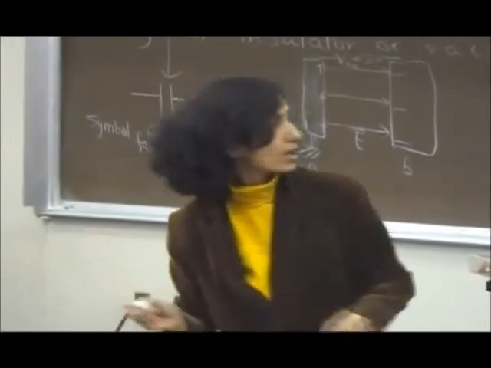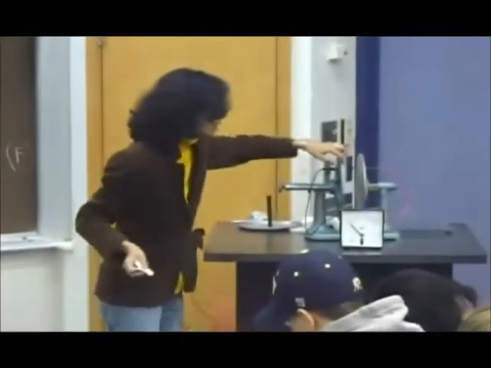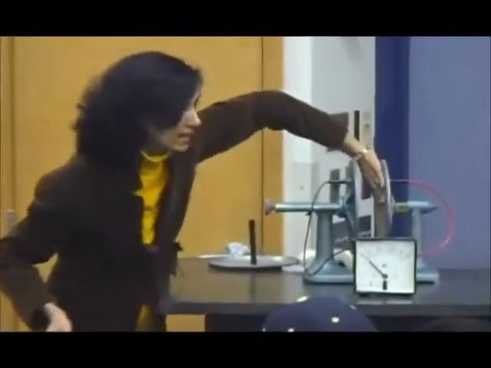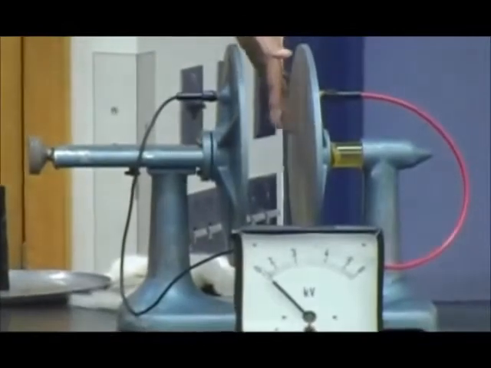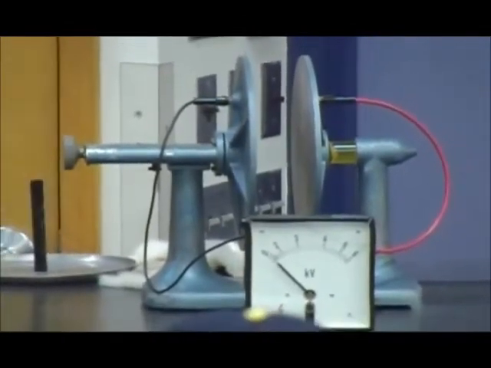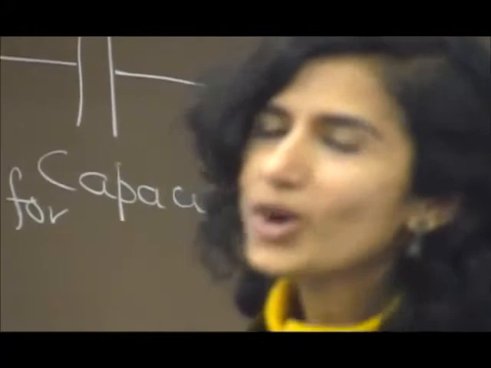It depends upon, for example, what is the distance between the plates, how much is this cross-sectional area, pi r square, and it will depend upon whether you have water here or air here or vacuum here, etc. It will not depend upon Q or V. Why won't it? Go ahead. Were you going to say why it doesn't depend upon Q or V? No, I was going to ask what the initial question you asked. Oh, the question was, does the capacitance of a capacitor depend upon Q or V? That was the question.